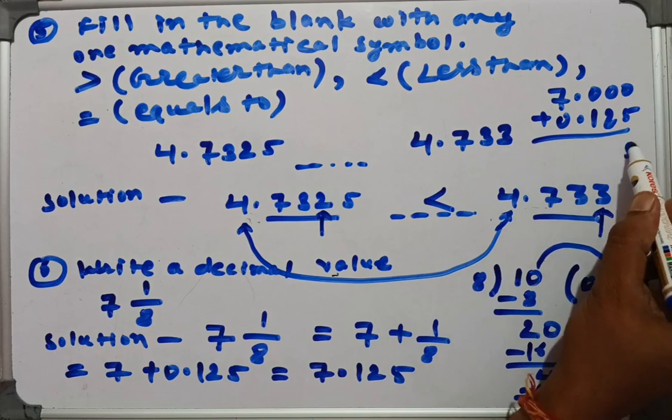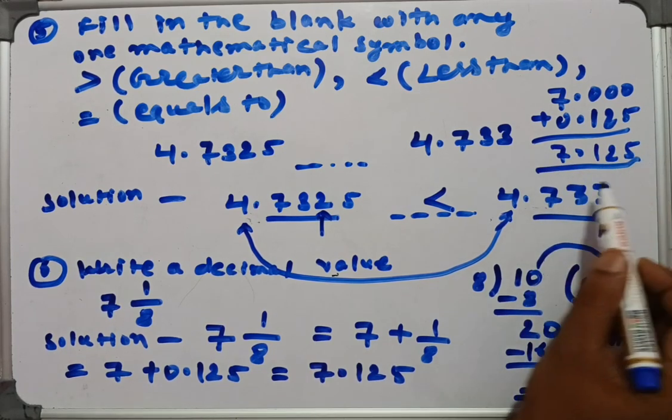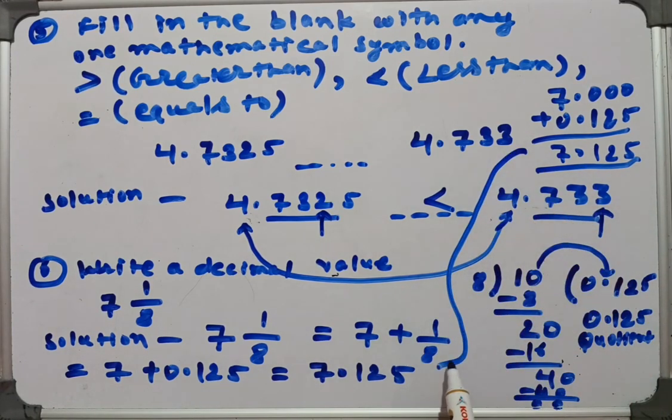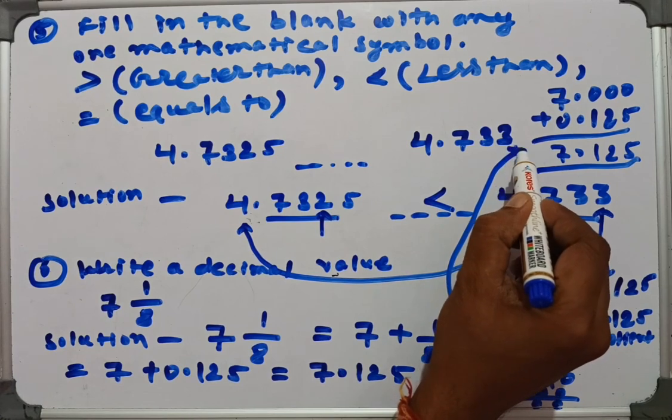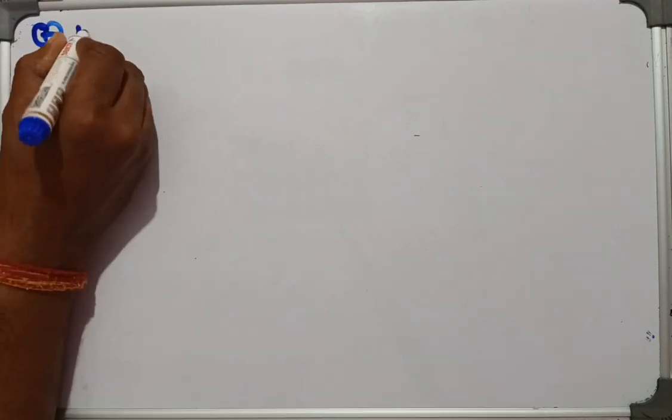Then this 5 to 1.7. So see, this one is the same as this one. So our solution is 7.125.